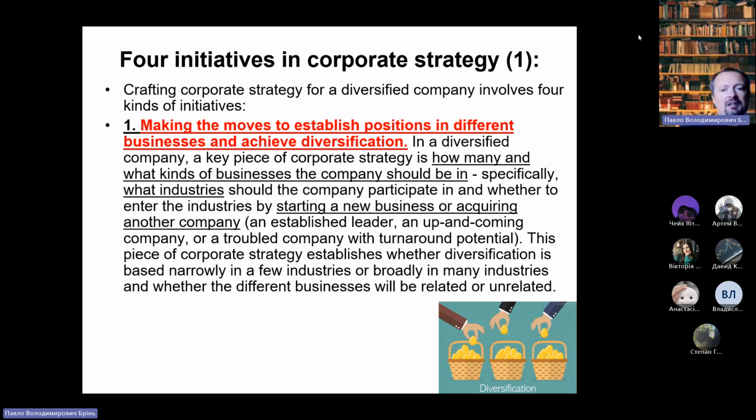So I decided to put this picture here because, as we say in Ukrainian, and the same phrase is in English, no one has to put all the eggs into only one basket. So you should avoid it. The first direction of corporate strategy is how to achieve diversification.